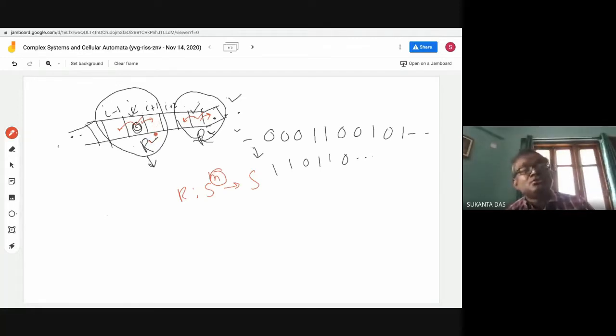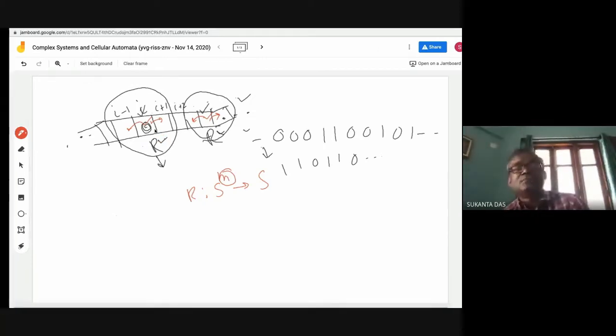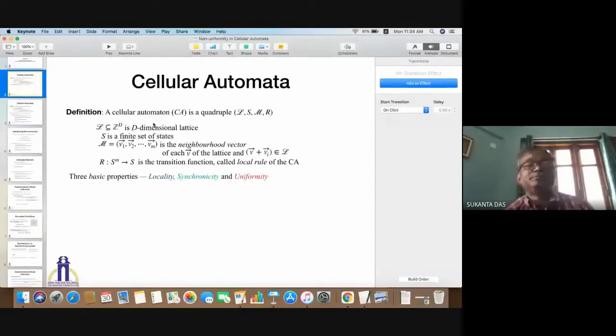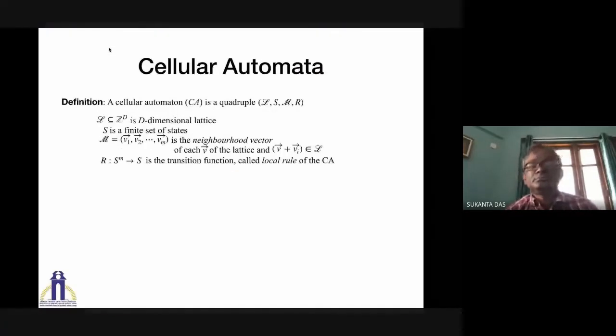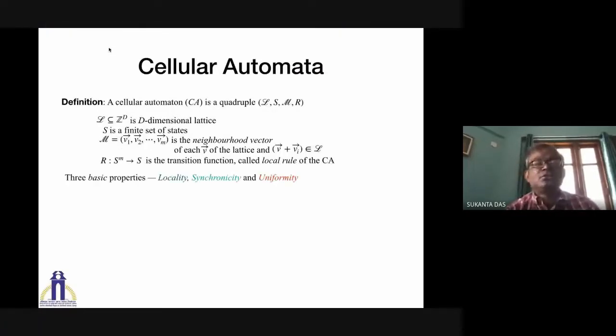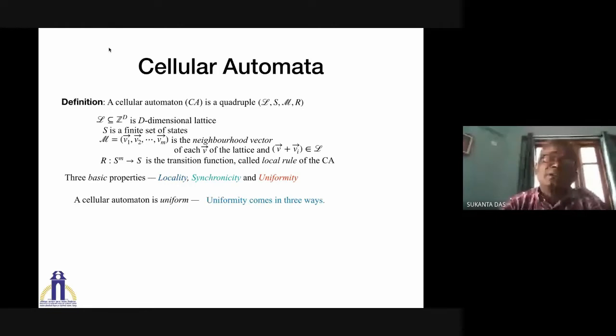So there are uniformities everywhere in a cellular automaton. So let me identify those uniformities. So a cellular automaton is uniform in all respects. Uniformity comes in three ways in a cellular automaton.